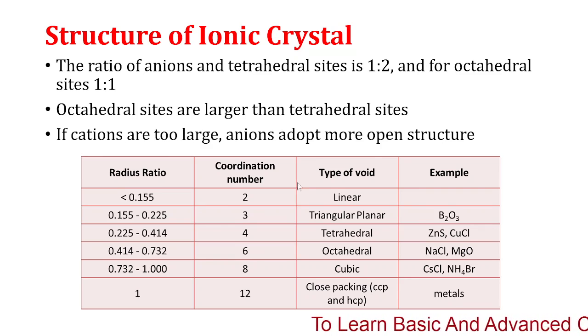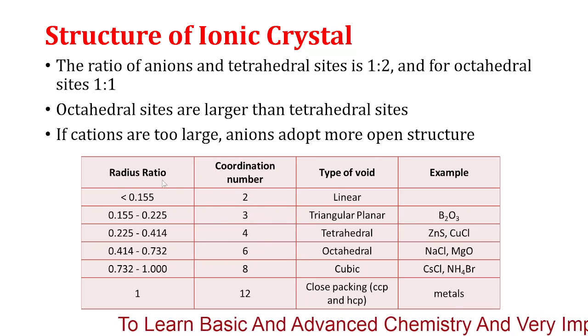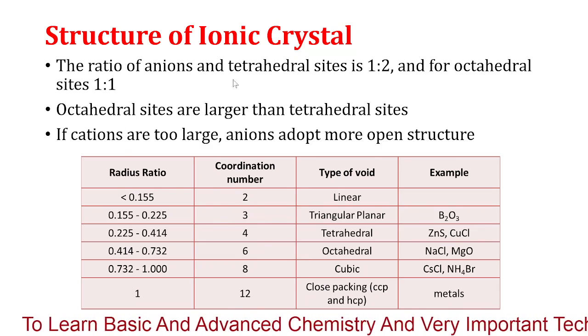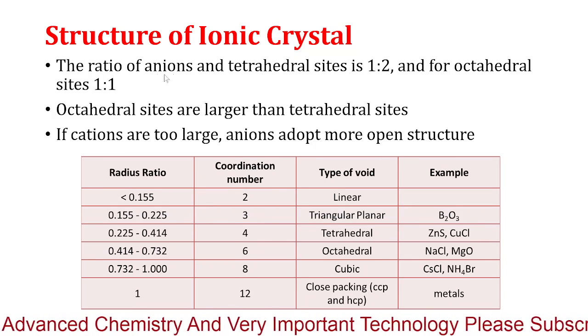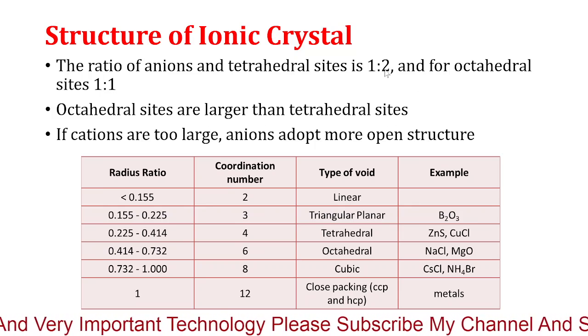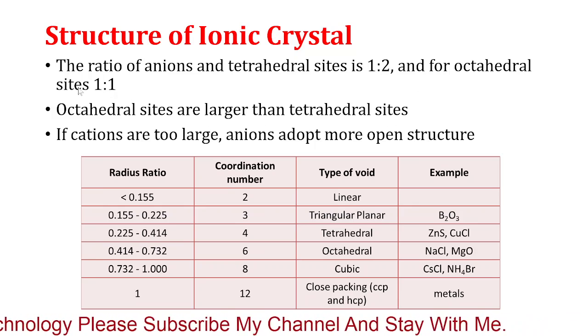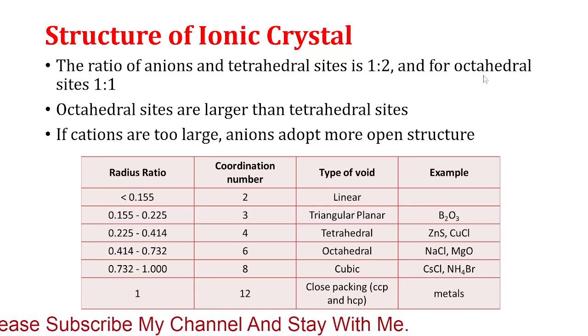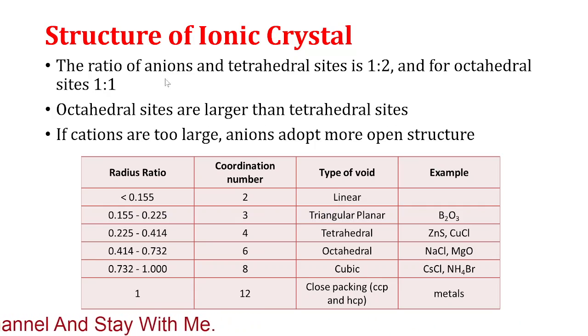So for a structure of ionic crystal, we can have the maximum coordination number and radius ratio. The ratio of anions and tetrahedral sites is 1:2, and for octahedral it becomes 1:1. So if you have the octahedral structure, then the ratio of anions and cations would be 1:1.